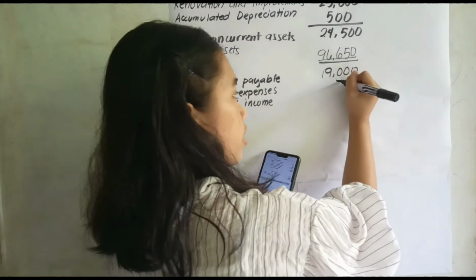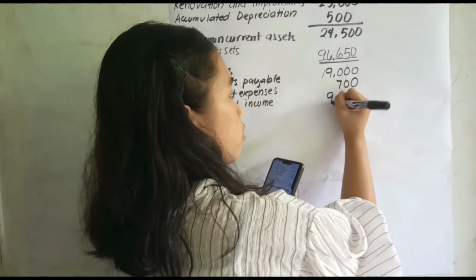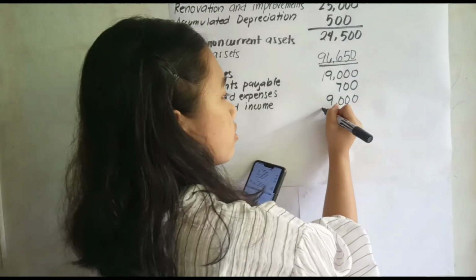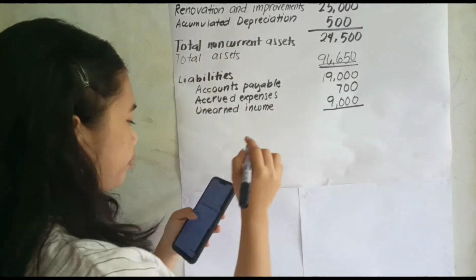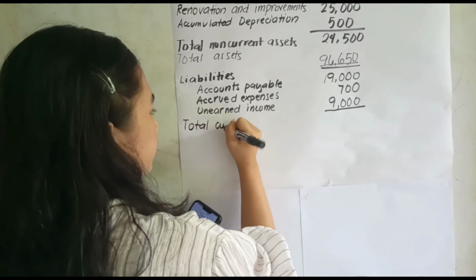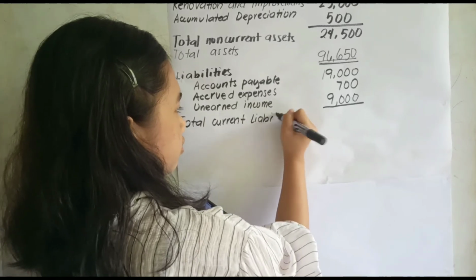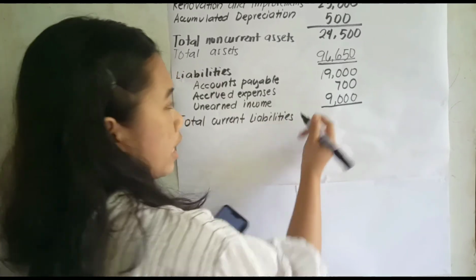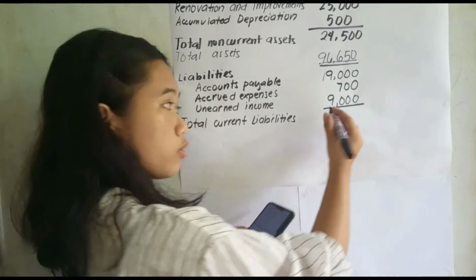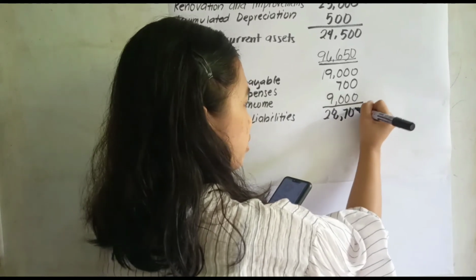Accrued expenses 700. Unearned income 9,000. Next is we have to add them. Total: 19,000 plus 700 plus 9,000 is equal to 28,700.